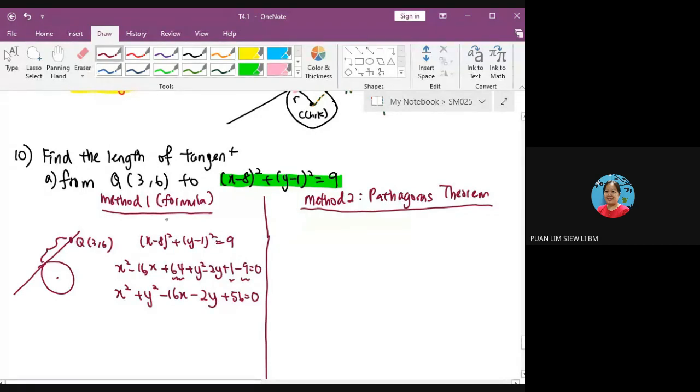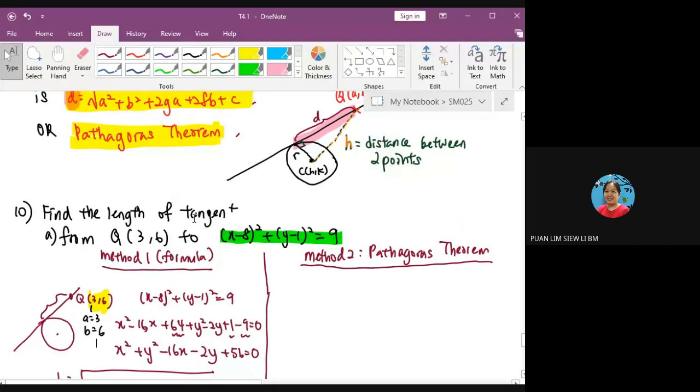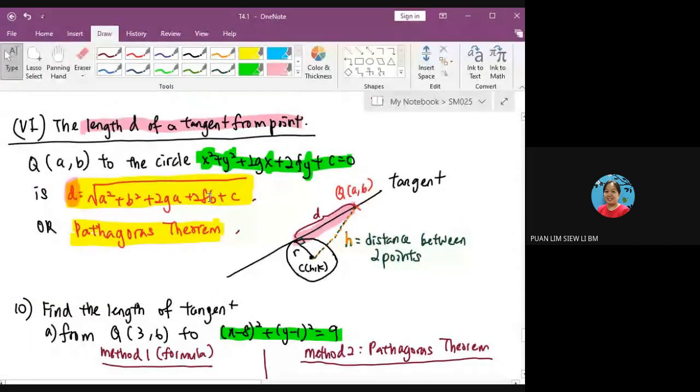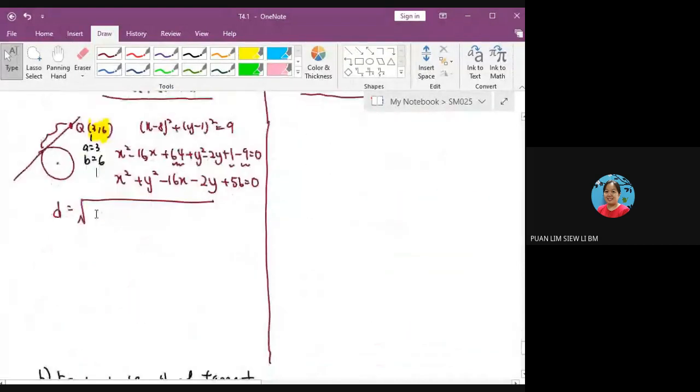Therefore, for the first method, I'm using the formula. The length of the tangent here will be, what's your point? Your point will be 3,6, which means A is 3 and B is 6. Our formula is similar to the general form of the circle, then square root the answer.